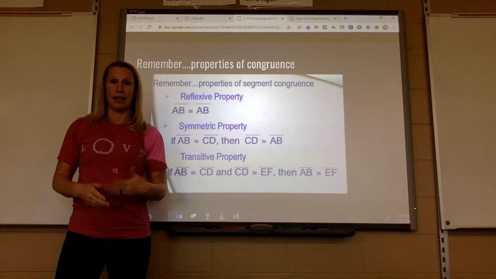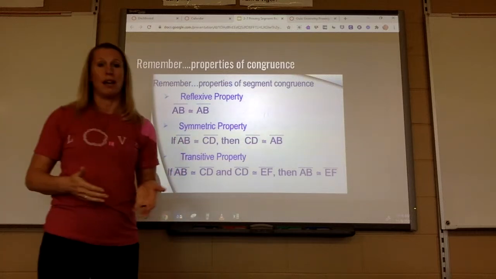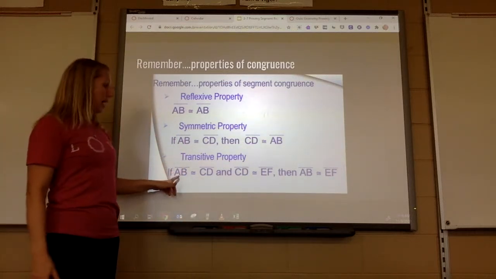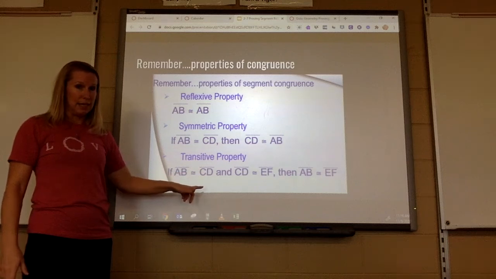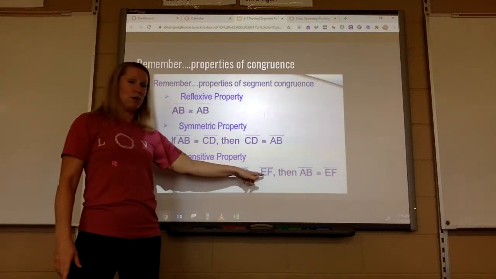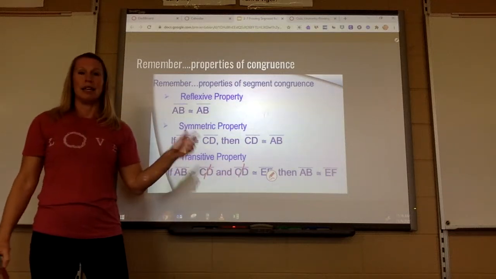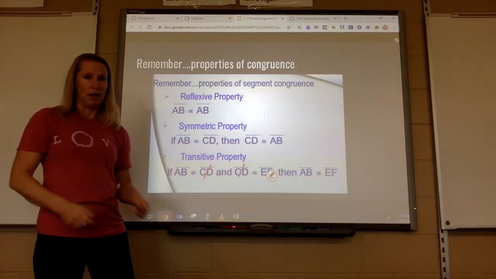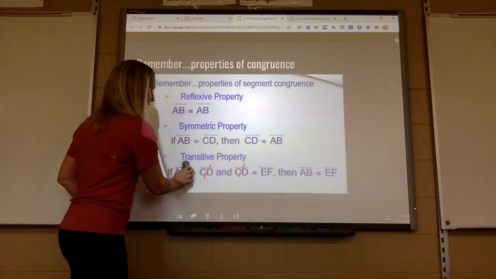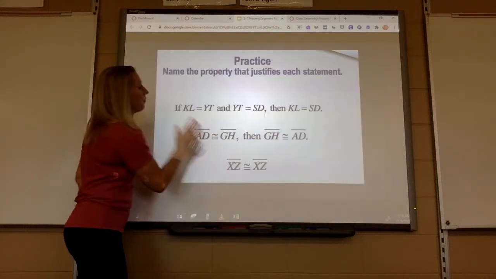Transitive property is like the law of syllogism, where you take out what's repeated. So if AB equals CD and CD equals EF, we can take out what's repeated and say that AB equals EF. So those are those different properties that you're going to have to make sure that you know.